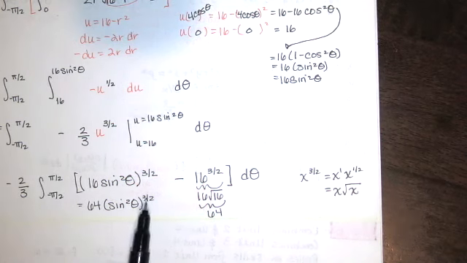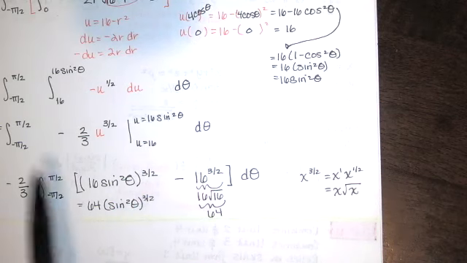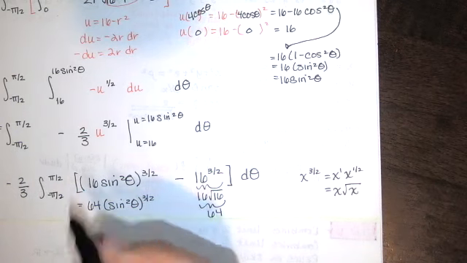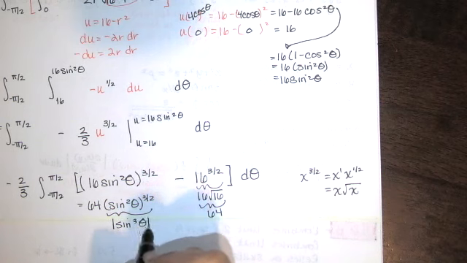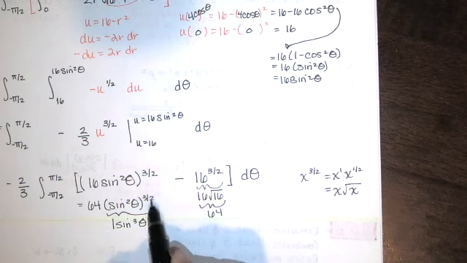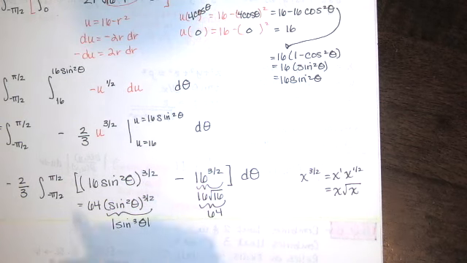Because when I simplify this, it simplifies to sine cubed of theta as long as sine cubed of theta is positive. So it's actually going to simplify to the absolute value of sine cubed theta because I'm taking the square root of something that has been squared. Square roots are only going to give us positive numbers.